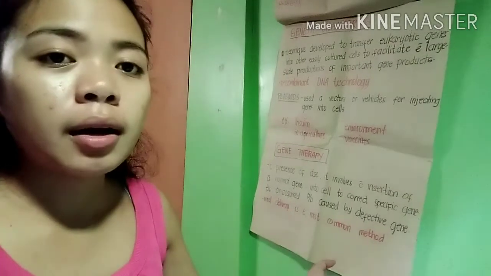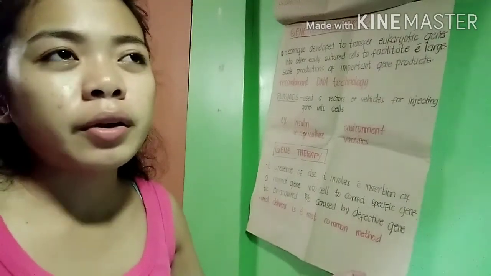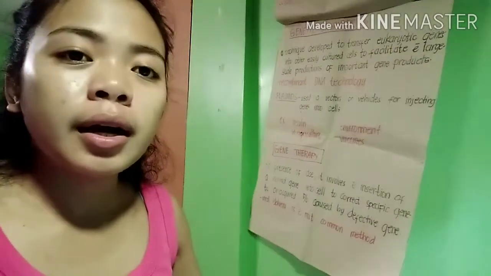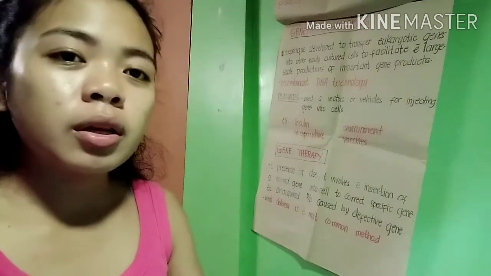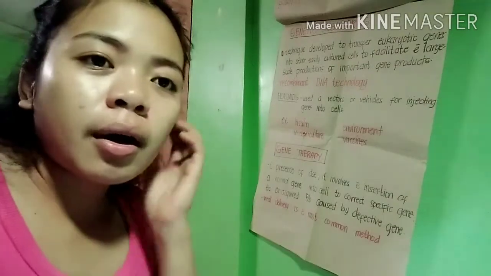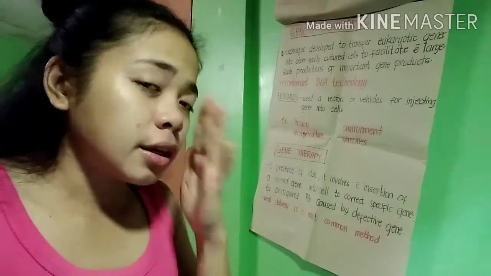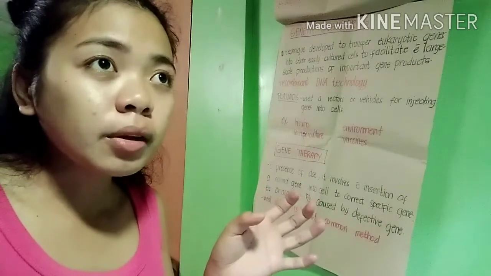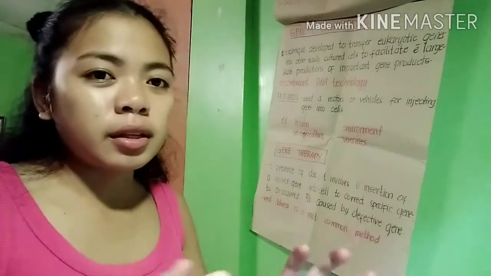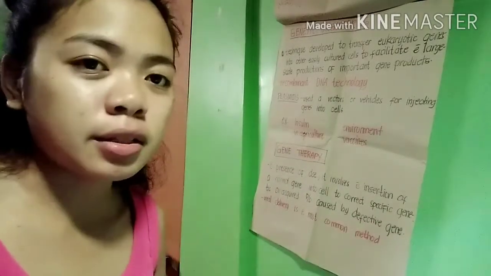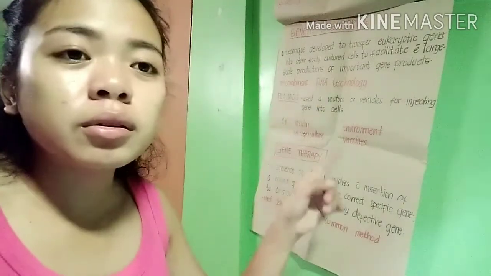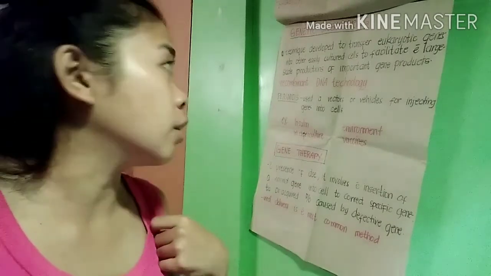Because of genetic engineering, the sizes can be 10 times the regular sizes. So usually it is also called as recombinant DNA technology.